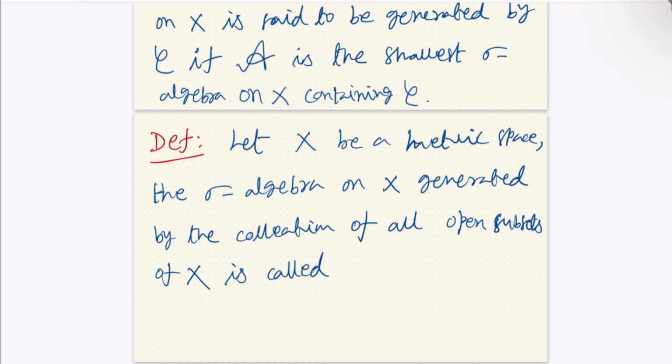What is your known definition of the Borel sigma algebra? Sir, the smallest sigma algebra containing open subsets is the Borel sigma algebra.